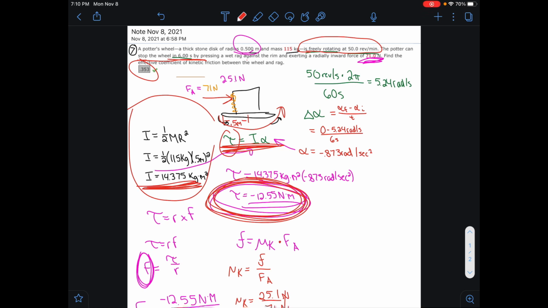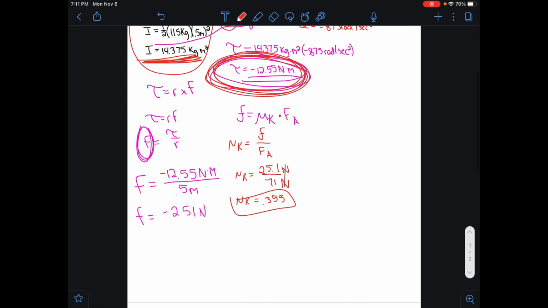We then found the change in velocity over time by using the final minus the initial over the total time to give us our radians per second squared, which we could then plug in against our moment of inertia to find our torque. Using that torque, we can then find the force of that torque in a negative direction, and then using that, we can find the relationship of the force being applied to the actual force causing this change.